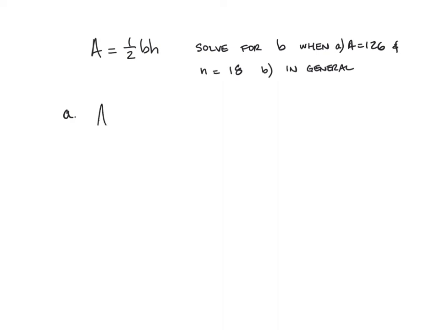So we have the area is equal to 1/2 base times the height, and we'll plug in our values. So 126 equals 1/2 times the base, and then the height is 18.